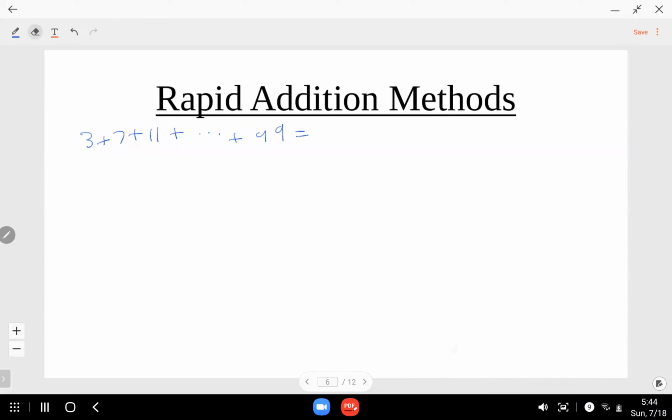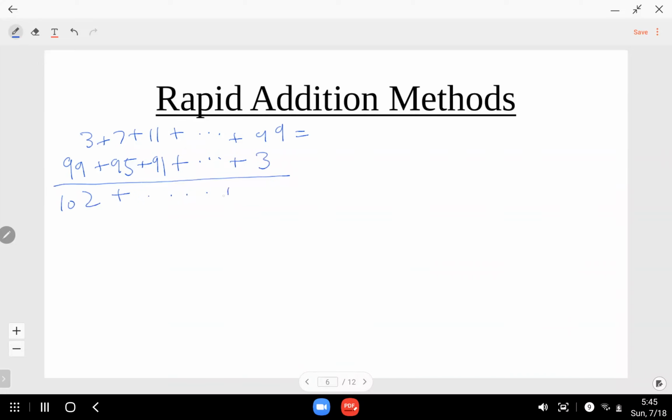Just write it backwards again. 99 plus, what's the next number? 95 plus 91, which is decreasing by 4 every time. Right. So what we get every time is 102. All right, we get 102 every time.